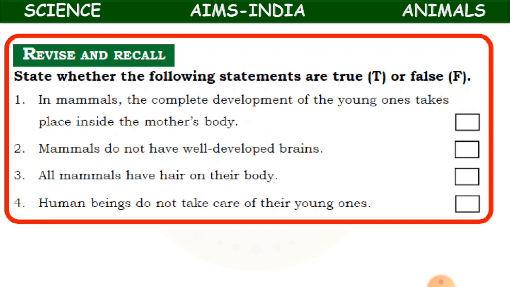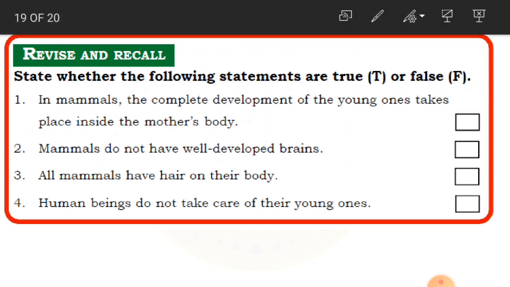State whether the following statements are true or false. In mammals, the complete development of the young ones takes place inside the mother's body. Is it true children? Yes. We have learned that this is a true statement.